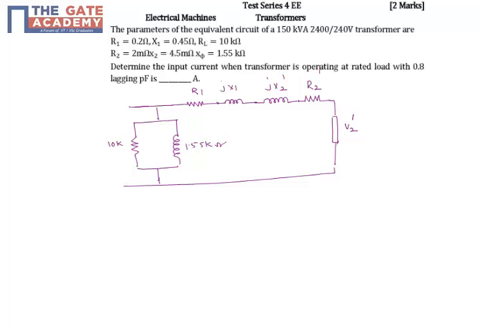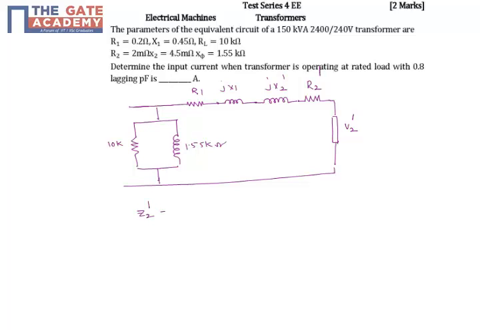Only thing is he has given X2 and R2. He has not given X2 dash and R2 dash, right? So first you find out R2 dash and X2 dash. I'll say this is Z2 dash.